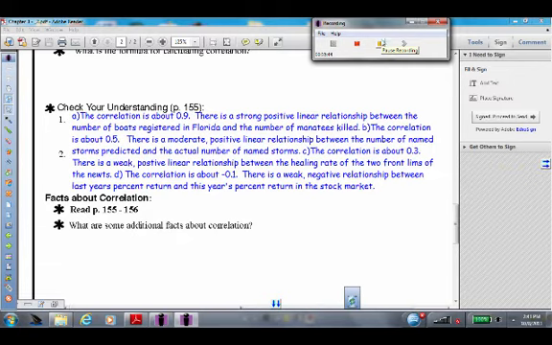C, the correlation is about 0.3. There is a weak positive linear relationship between the healing rate of 2 front limbs of the newts. D, the correlation is about a negative 0.1. There's a weak negative relationship between last year's percent return and this year's percent return in the stock market.